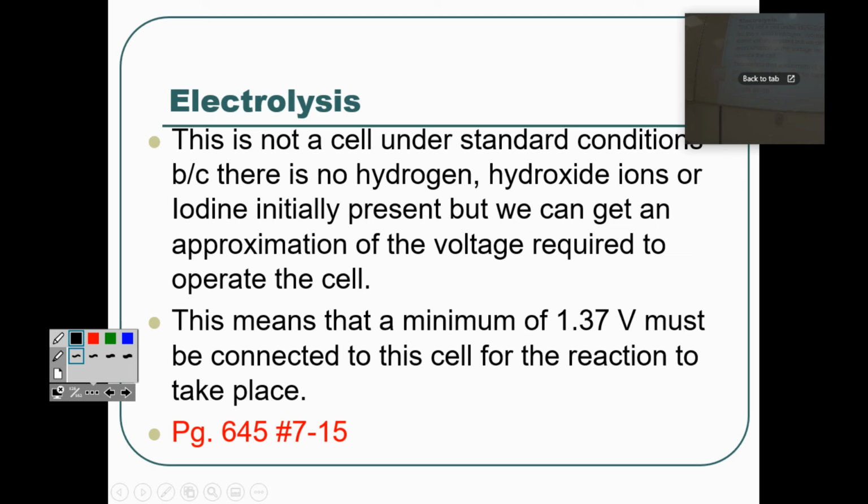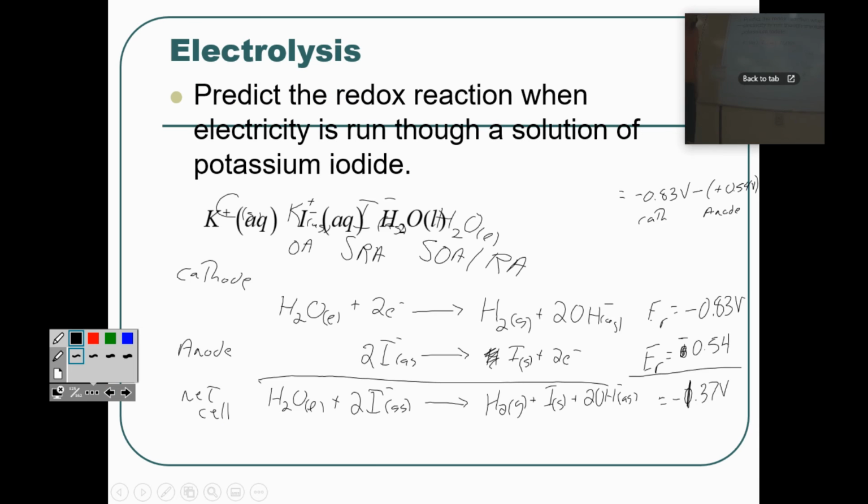Okay. So I talked about this here. What we did down here is an approximation, because this is not a cell at standard conditions, since we didn't have any H2 gas originally, we didn't have any hydroxide ions originally, and no iodine originally.